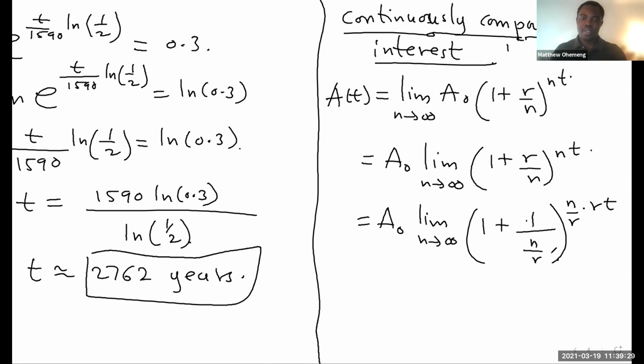Now, suppose I let M equal N over R. I want to change the limit from N to M. If M equals N over R, then as N approaches infinity, M will also approach infinity.